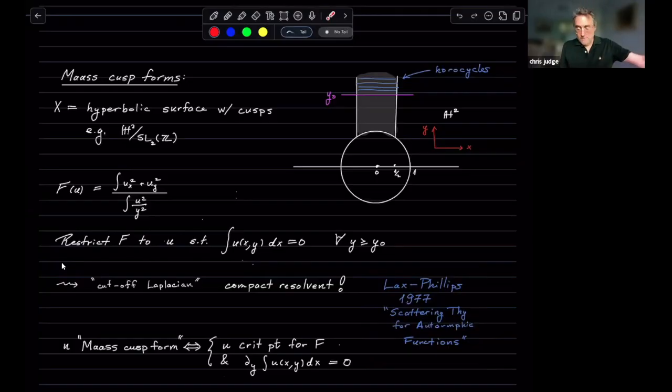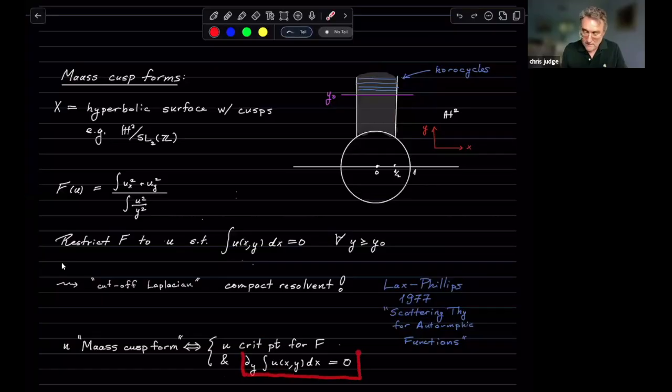From the automorphic forms perspective, it turns out that you can check whether u is a Maass cusp form. What does that mean? It means the zeroth Fourier coefficient is 0 all along, for every horocycle. Because eigenfunctions are analytic, the zeroth Fourier coefficient satisfies an ODE.